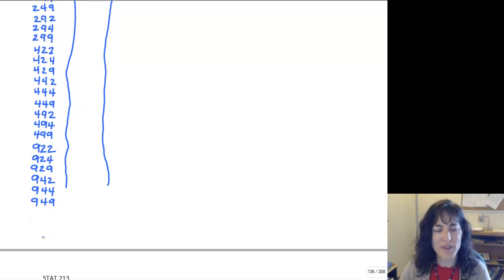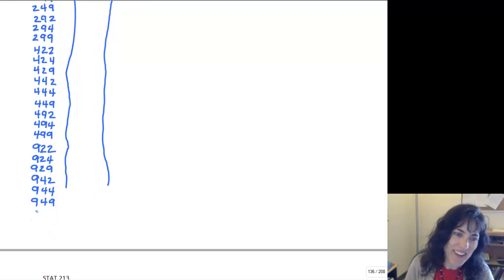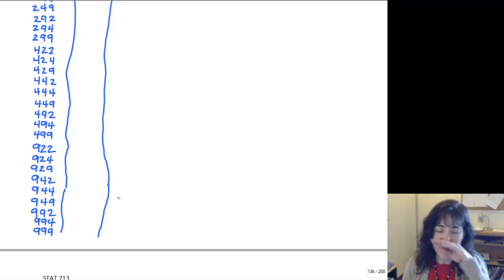See if I have more space. I do, just barely enough. So 9, 9, 2, 9, 9, 4, 9, 9, 9. So we do want to leave a lot of space for writing these out.